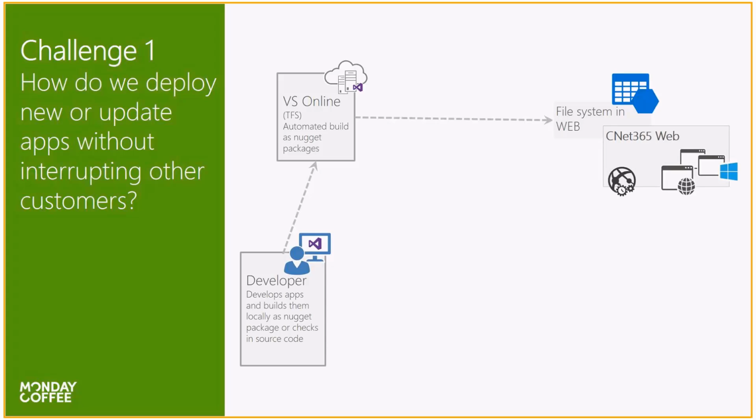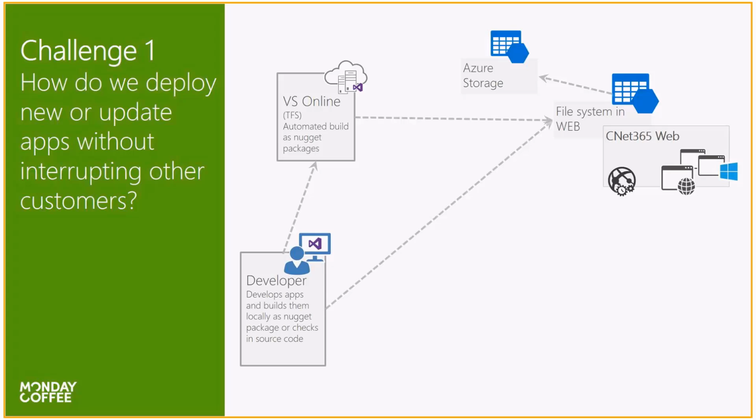From there, we can upload or actually connect right to our Visual Studio Online server and pull down the app from there. Or the developer, if he is testing something in the staging environment, he can just upload the NuGet package manually. When installing the app, it actually gets copied also to Azure storage for backup reasons.